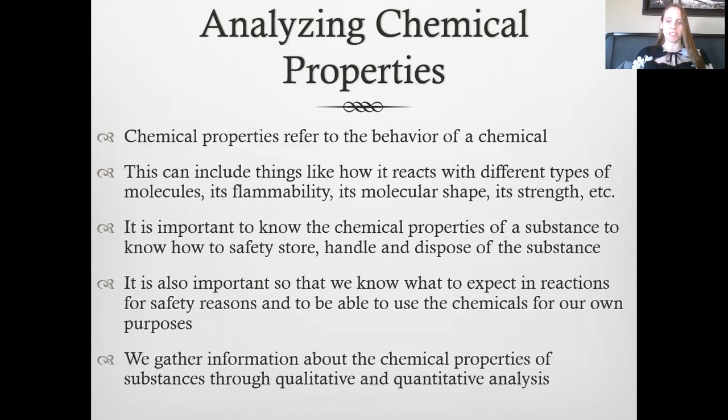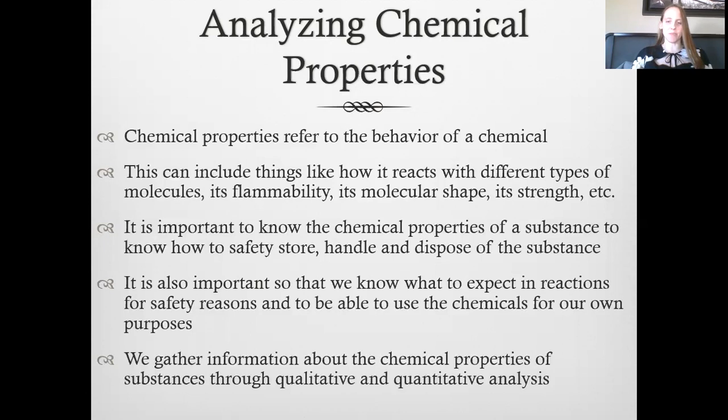It's also important to know what to expect in our reactions. If you're dealing with most of the alkali metals, if you put them in water, it's going to catch fire and explode. You also want to know how different versions of that chemical are going to act in the human body, that kind of stuff.